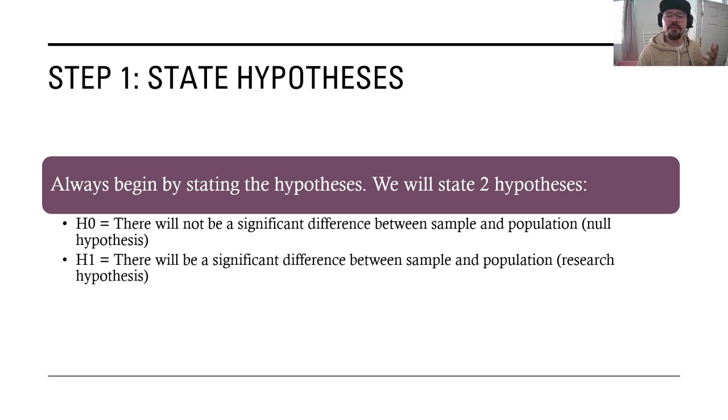So we have this first hypothesis, which is called H0. That's also referred to as your null hypothesis. Your null hypothesis is the hypothesis that whatever you're studying will carry no significant difference between your sample and your population.